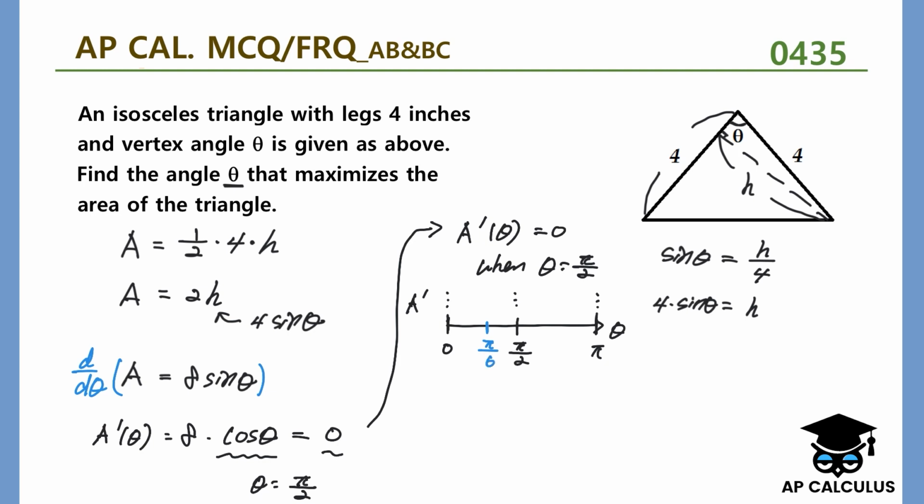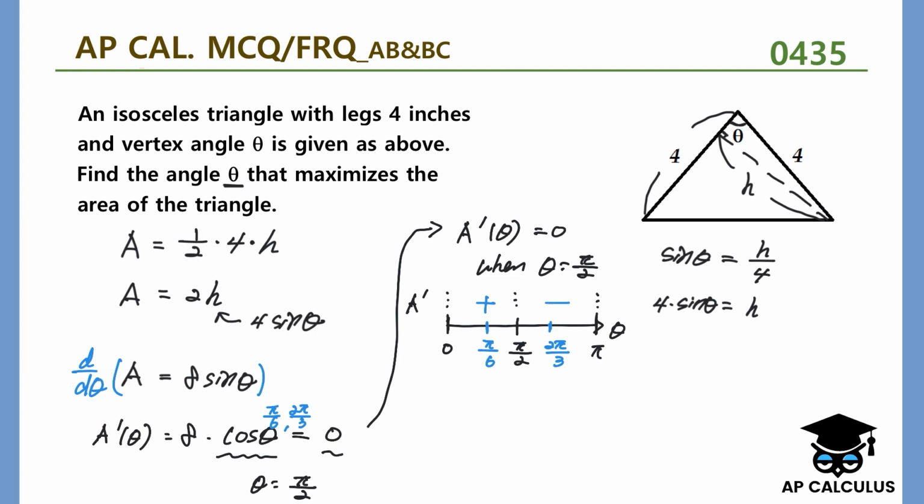If theta is equal to pi over 6, then 8 times cosine pi over 6 is positive, right? If we substitute 2 pi over 3, then cosine 2 pi over 3: 2 pi over 3 is in the second quadrant, so cosine is negative.